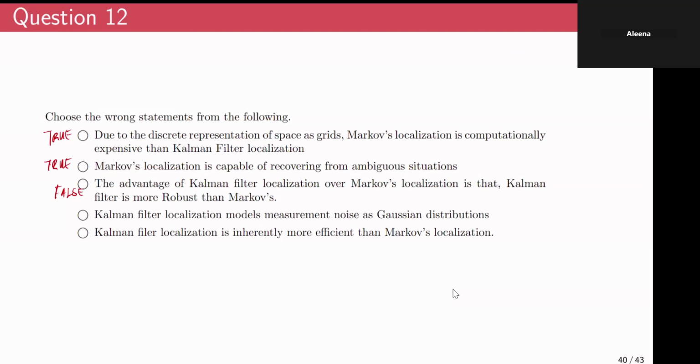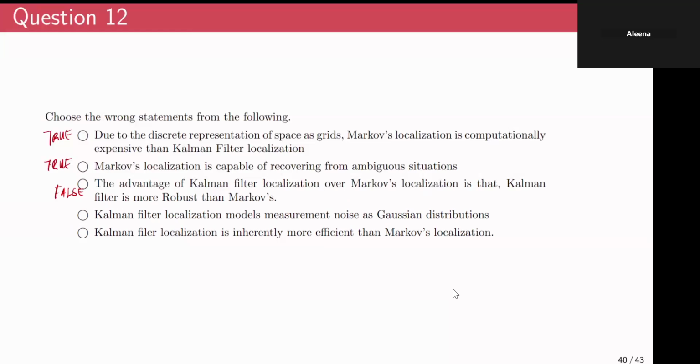Markov can recover its current estimate of position, but Kalman filter cannot. So you cannot call Kalman filter robust. Robust means whatever happens, if you kidnap the robot or abruptly force it to change its position, it should still recover its estimate of current position. That makes Markov more robust than Kalman filter. Kalman filter cannot be called a robust filter, and that's why we call this a false statement.